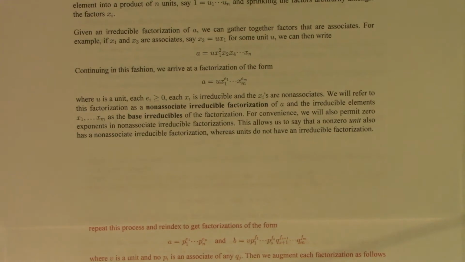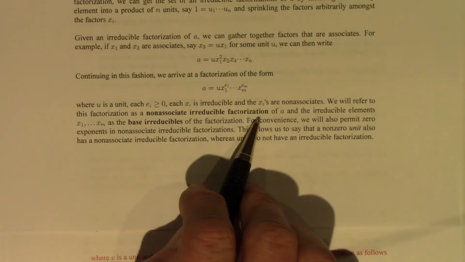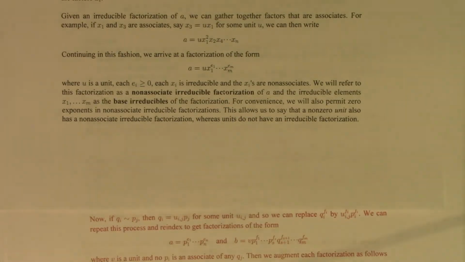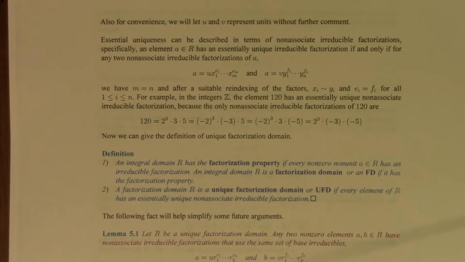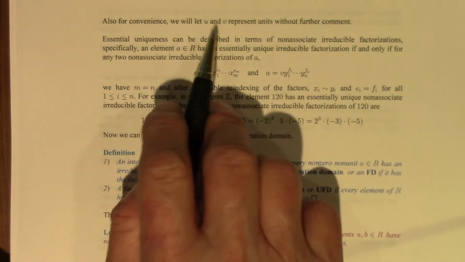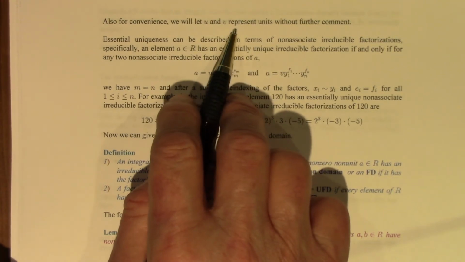For one thing, this will allow non-zero units to have non-associate irreducible factorizations. A unit does not have an irreducible factorization. So that's a slight advantage, but there are other advantages that we'll encounter in a few minutes. And as another convenience, for the rest of this discussion of unique factorization domains, U and V will represent units, and I won't comment on that again necessarily.